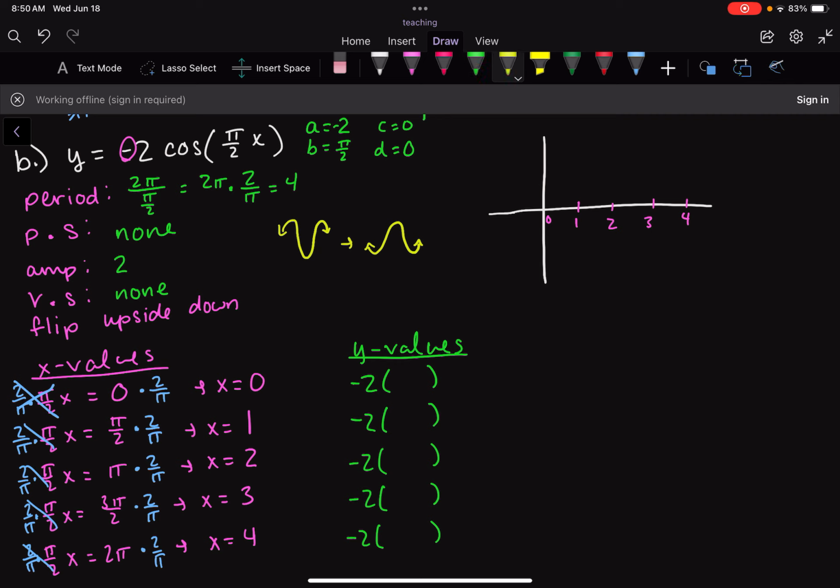So if we need a reference to think back on, remember that cosine in the original unit circle goes through the x values. So that's going to be 1, 0, -1, 0, back to 1.